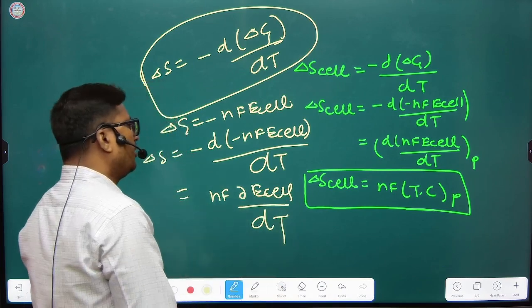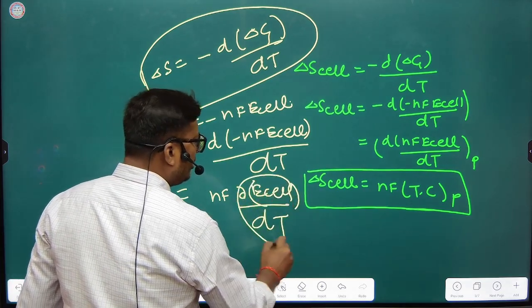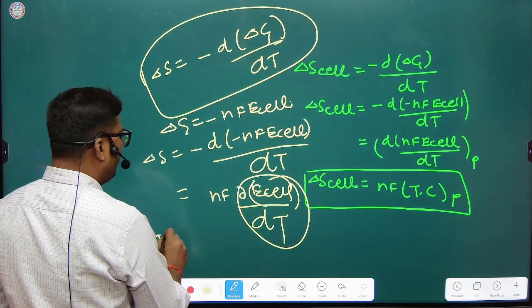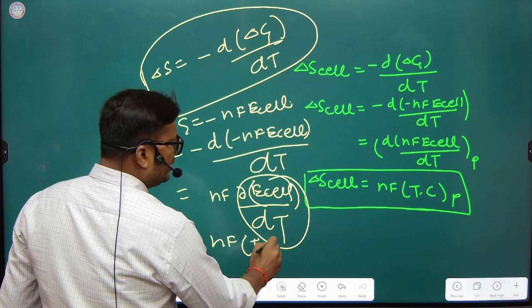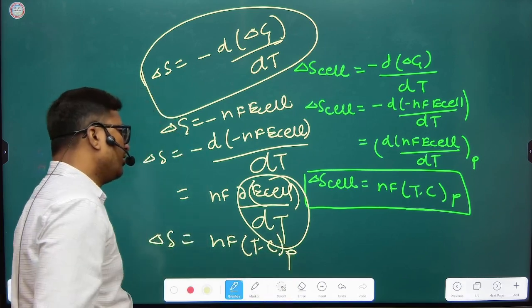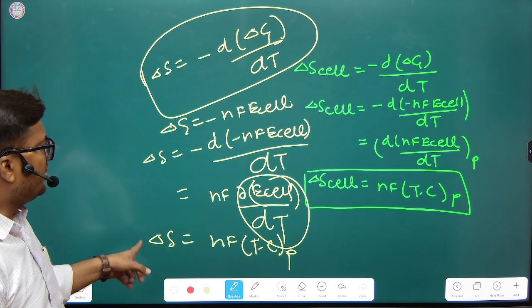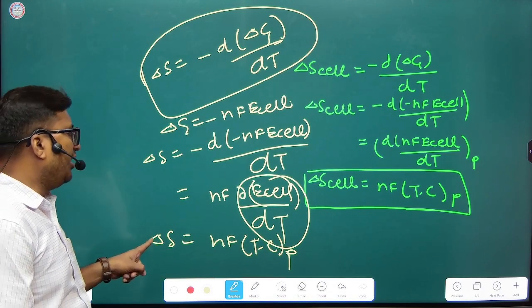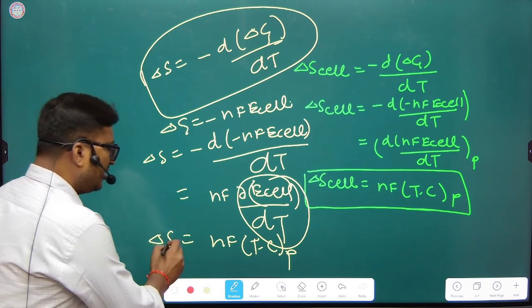This dE cell upon dT is called the temperature coefficient, and delta S is nF times the temperature coefficient at constant pressure.